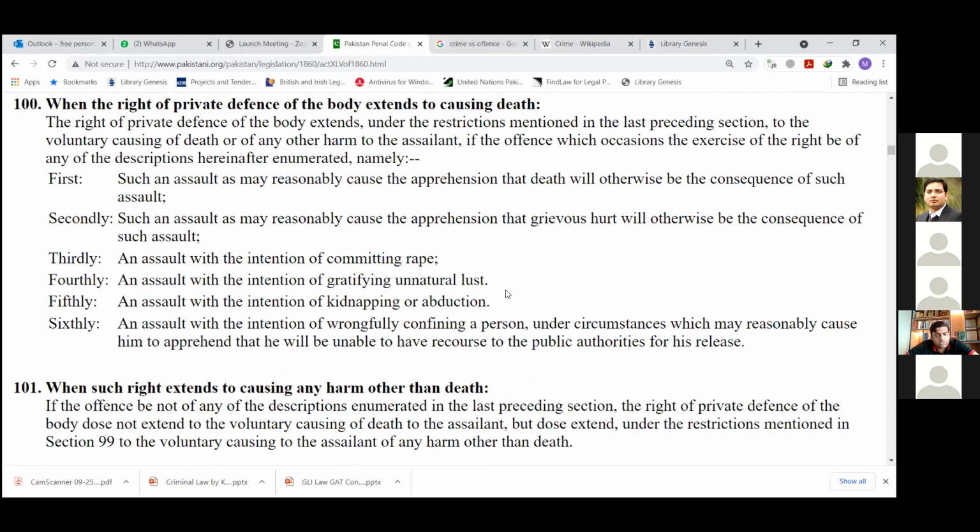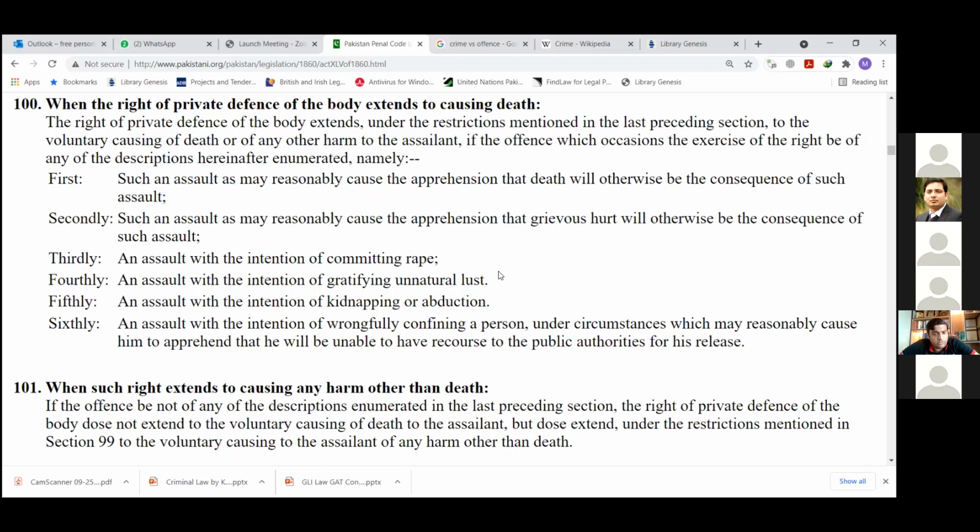There are 6 circumstances given by Section 100 when you are justified in causing death in exercise of your right of private defense. Number 1 is that the assault was reasonable enough to cause apprehension of death in your mind. Secondly, grievous hurt.